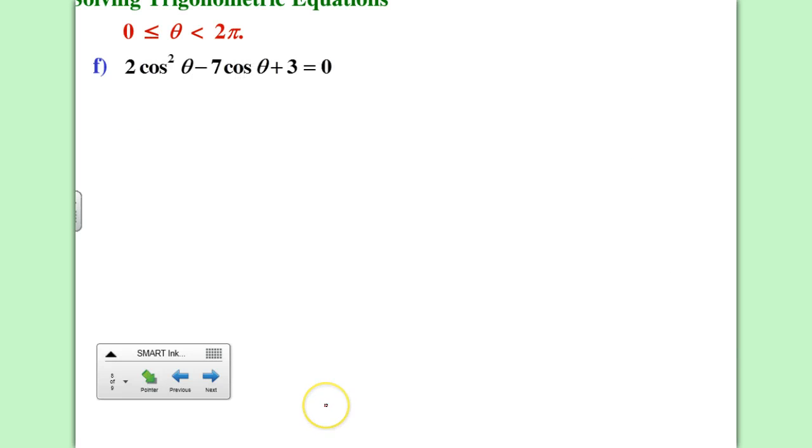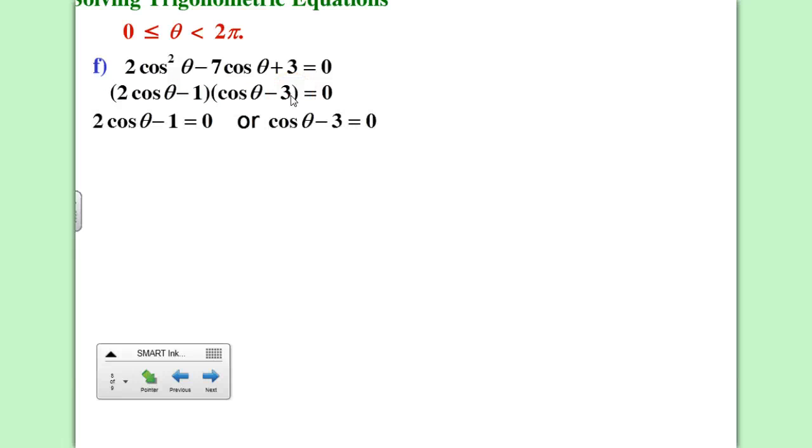Now we're starting to get into questions where we have to factor a little deeper. So if you were saying 2x squared minus 7x plus 3, this is a tough trinomial. I'm not going to go through decomposition, I'm just using guess and check. You do whatever you need to, but you need to factor that to 2 cos theta minus 1 and cos theta minus 3. Therefore, cosine theta would equal a half, or cosine theta equals 3.